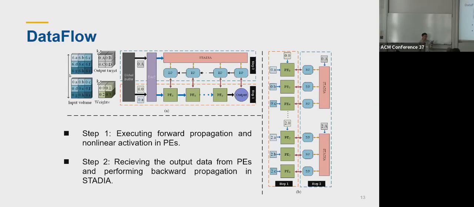Step 1 is responsible for inputting an input value and the weight to perform forward propagation and nonlinear activation, and the output is transmitted to a STADIUM for backpropagation in step 2. And in our data flow, propagation reuses input value X in STADIUM and can reduce the number of modulations, and that can significantly reduce the time and power consumption.